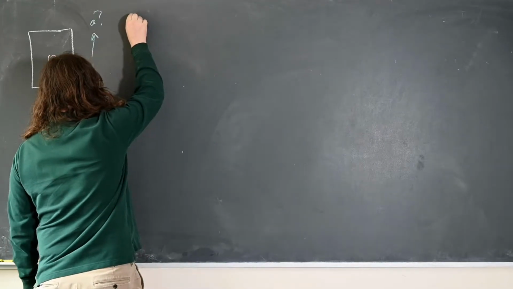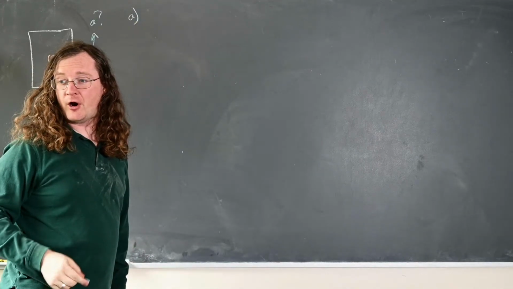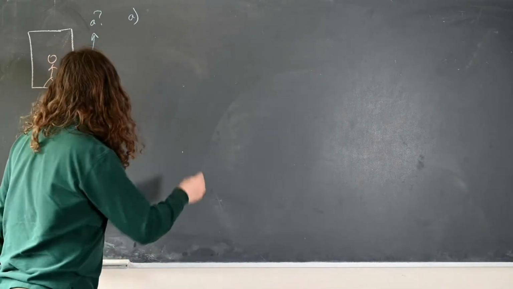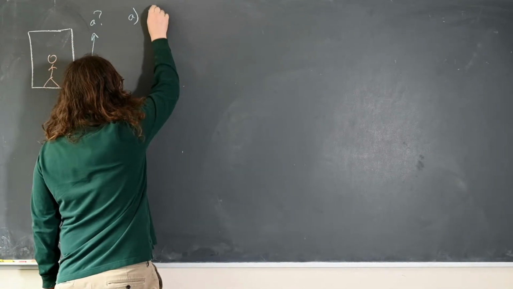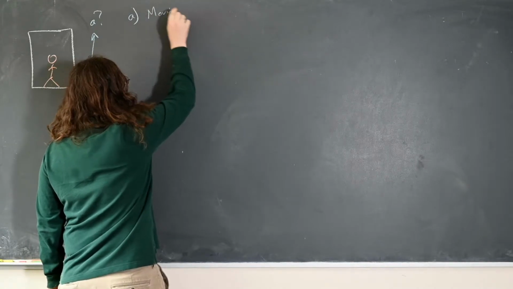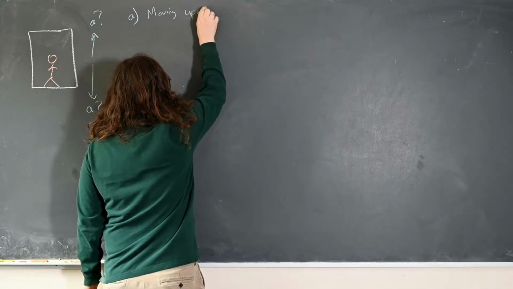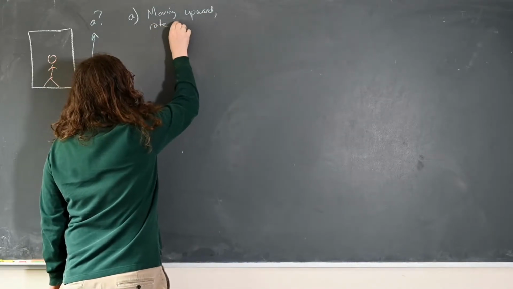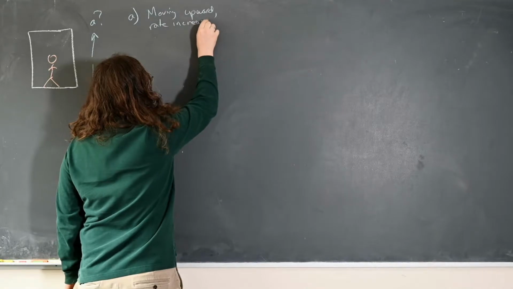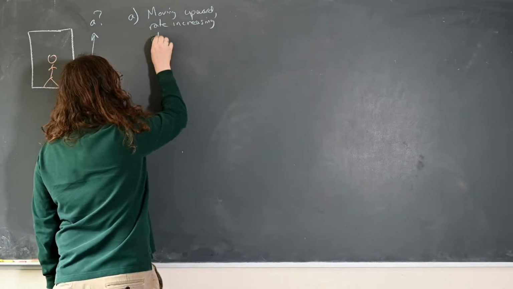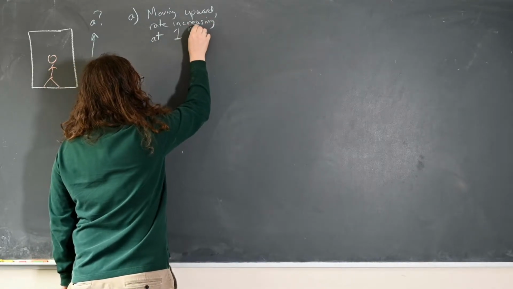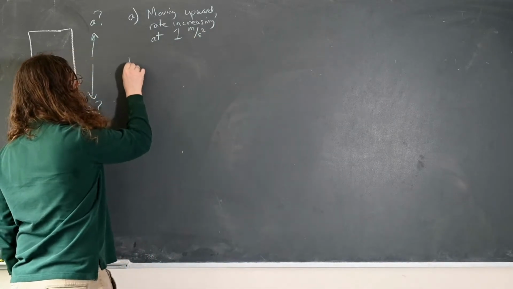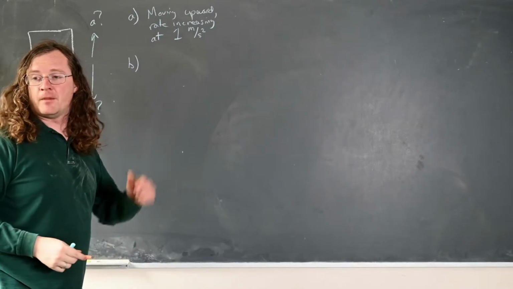So there are 3 scenarios. The first one is the car is moving upward and its speed is increasing at a rate of 1 meter per second squared. I'll write all of them up here first.